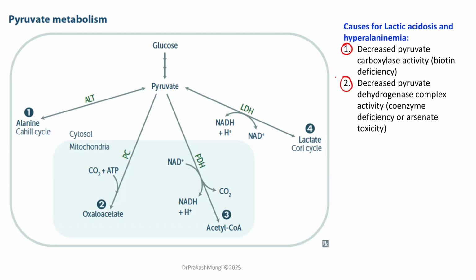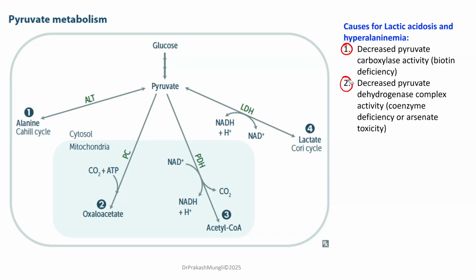Pyruvate carboxylase is provided in the choice. Pyruvate dehydrogenase is also there. Then how do you differentiate between pyruvate carboxylase and pyruvate dehydrogenase? How do you go for one correct answer when both of them are given? At that time, what you need to do is look for additional information in the case stem.